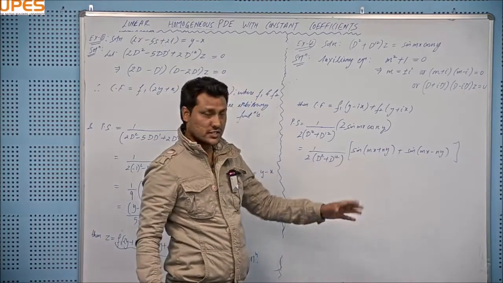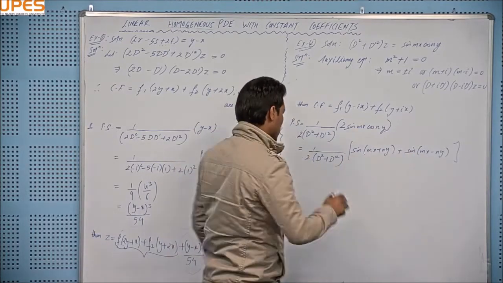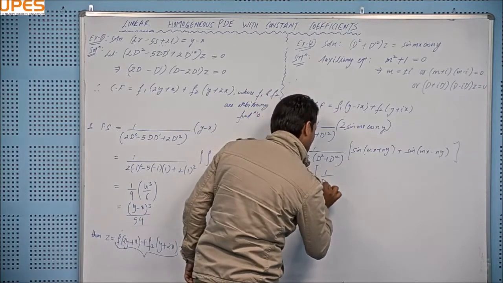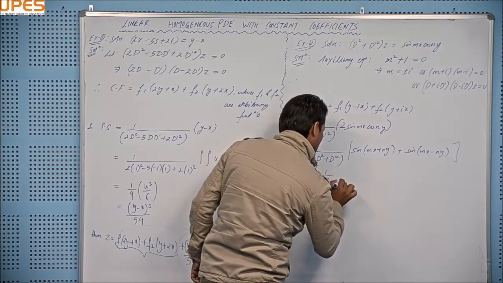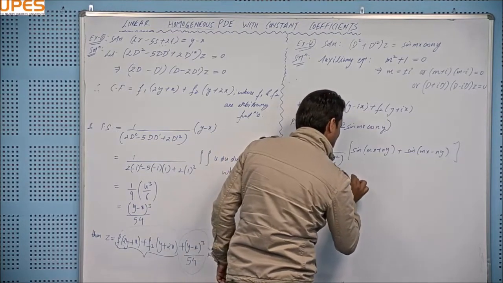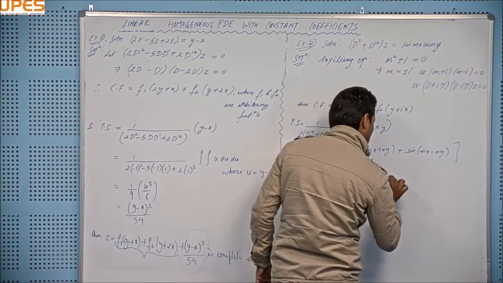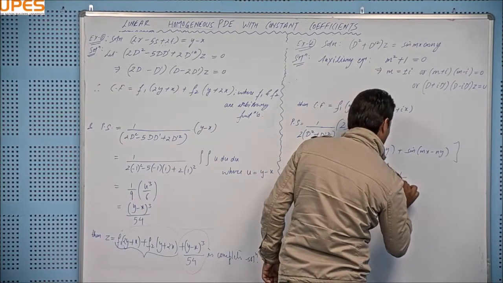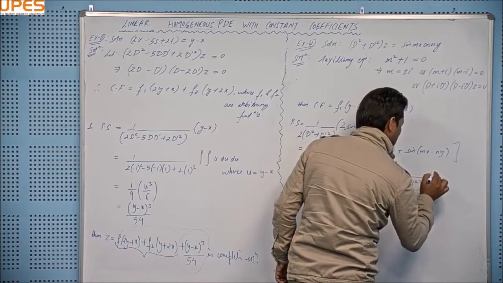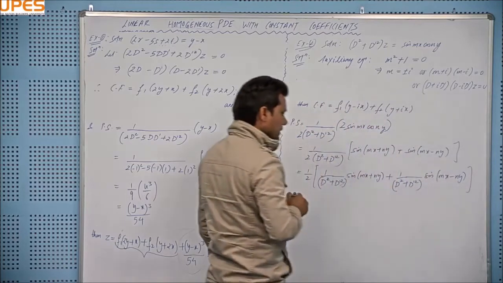So that will be treated as two different particular solutions, one for this and one for this. Okay, then it becomes 1 by 2 [1 upon D square plus D dash square sin(mx plus ny) plus 1 upon D square plus D dash square sin(mx minus ny)], right?